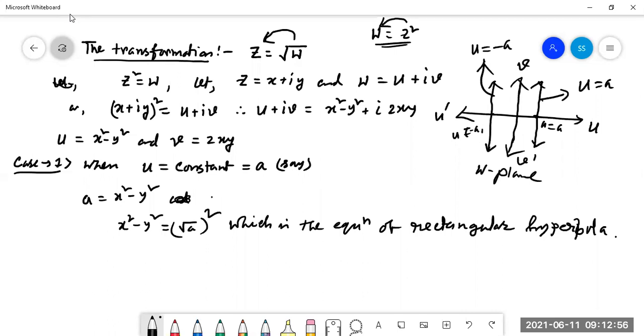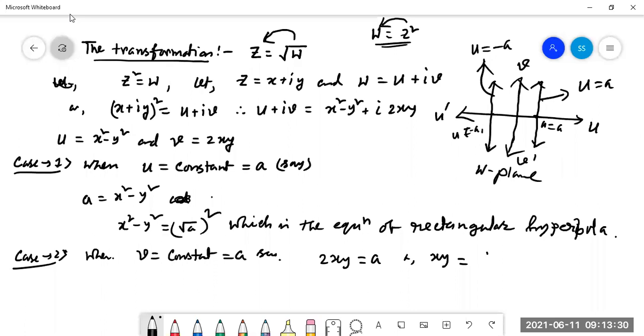But case 2: when V equal to constant, say equal to some A, then 2XY equal to A, or XY equal to A by 2, or XY equal to root A by 2 whole square.